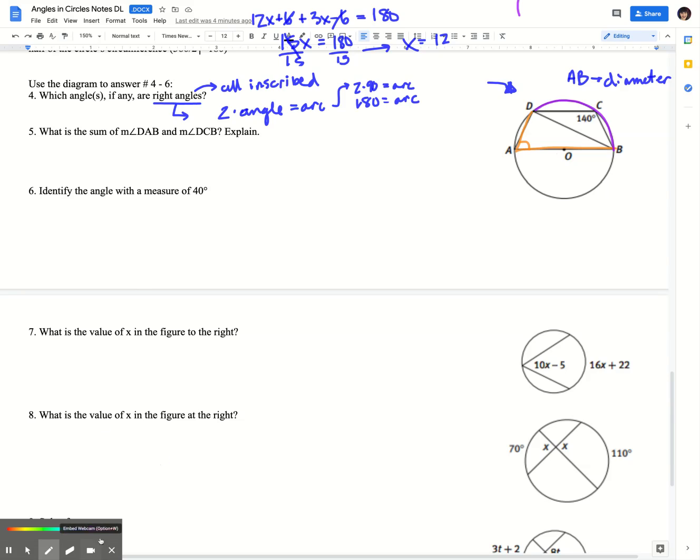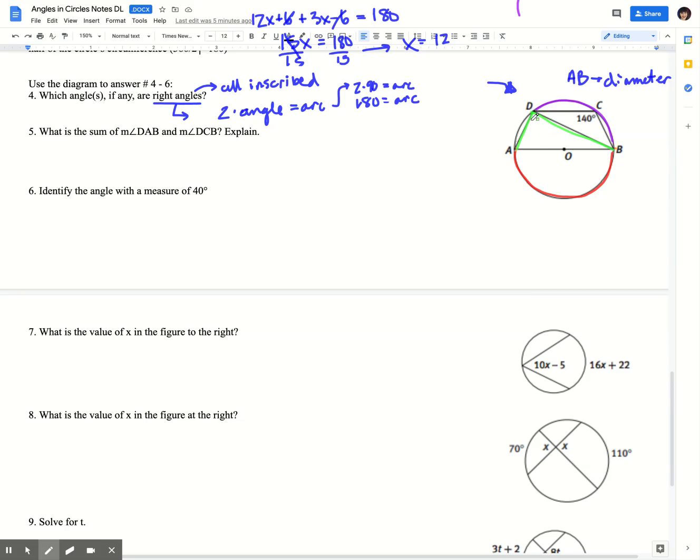So in looking at my image, my only semicircle is this one, going from A to B. So the only angle that's going to work for me, let me do some erasing here, the only angle that intercepts that arc is this one.